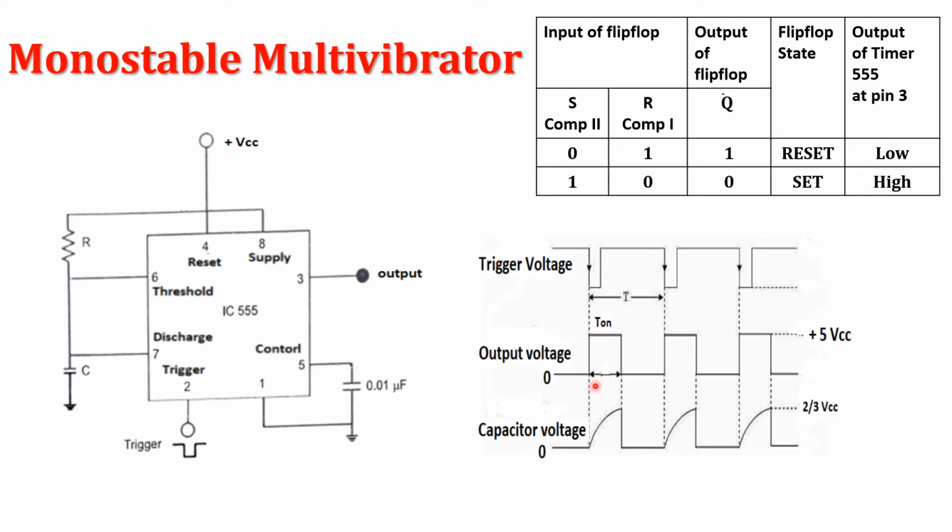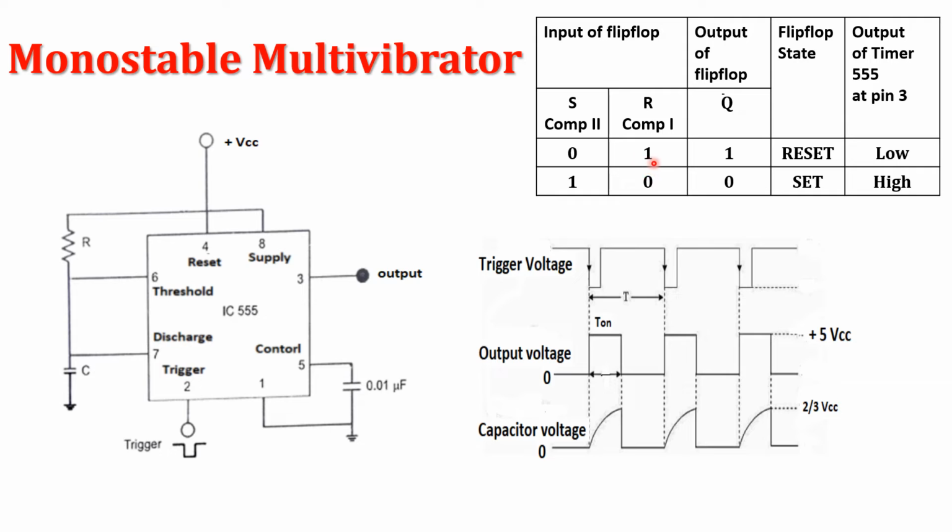charging. That charging goes on increasing exponentially through the external resistor R. Therefore, the time constant of the circuit we call RC. When the capacitor voltage reaches 2/3 VCC and is slightly higher, then the output of comparator 1 becomes high.